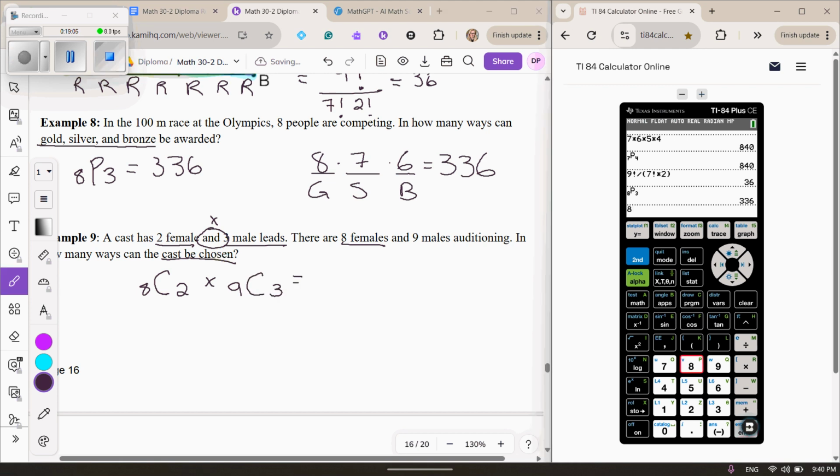Okay, so our combination button can be found in the same spot, but now we're on to the third one. 8 choose 2 times 9 choose 3. Okay, 2,352.